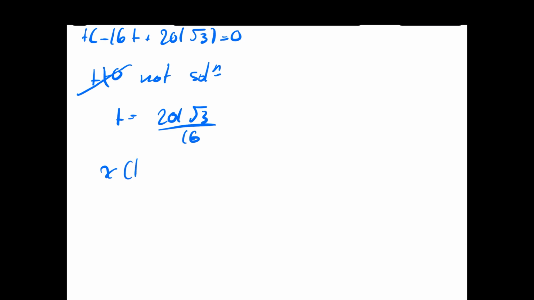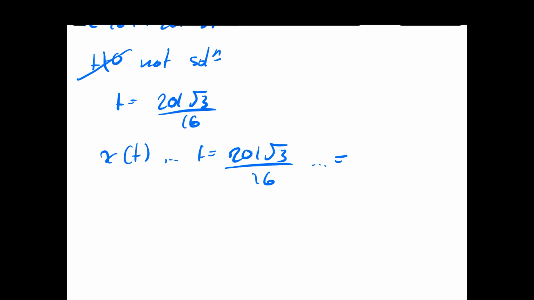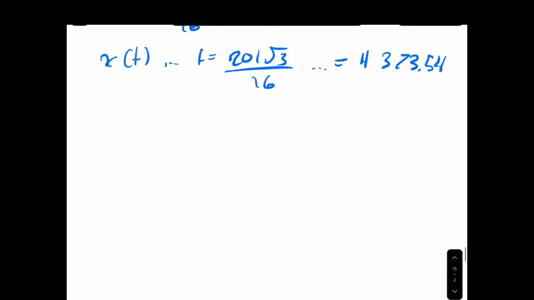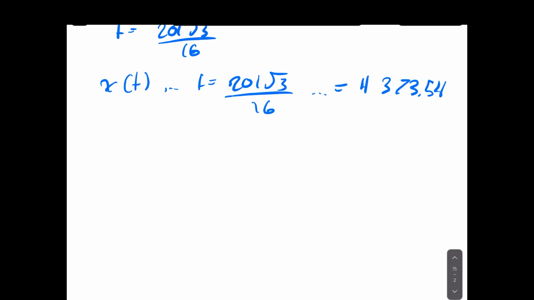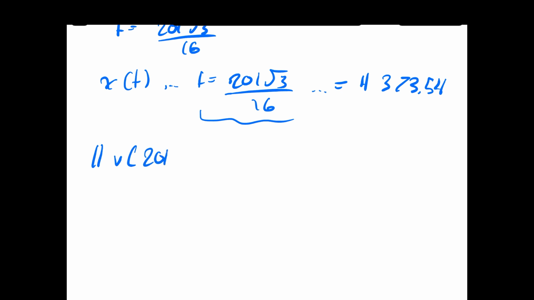Then you're going to do x at t, where t equals 201 root 3 over 16. And for me, this got me 4373.54 when we round it to 2 decimal places. And the speed at impact is going to be the norm of v at this time t, which is the time for the farthest distance that it traveled.